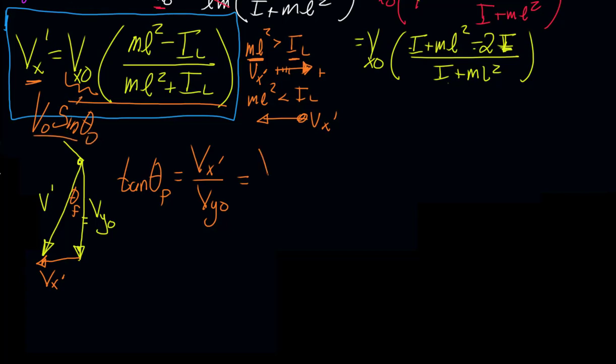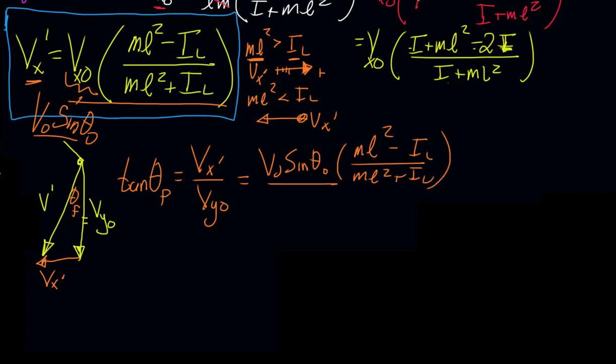And we'll get v0 sine of theta 0 times ml² minus IL over ml² plus IL, over v0 cosine of theta, which was how we found vy0. And interestingly enough, the v0's drop out here.